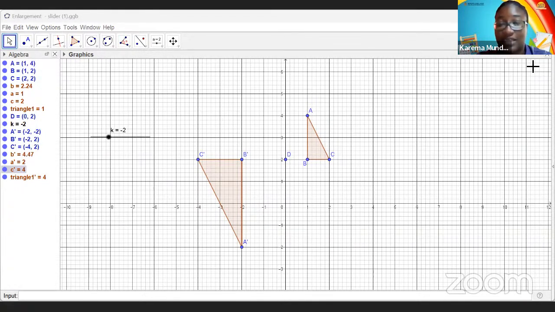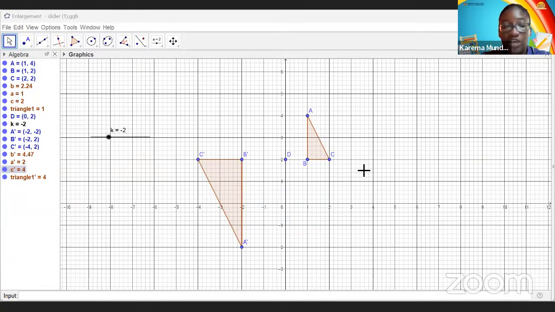So Ms. Harris is asking in the chat for all of you to answer: what do you notice about the location of the image in the two cases? Awesome question. That's actually the next thing. What do you notice about the location as it relates to the center of enlargement? Previously we saw the object and image on the same side of the center.